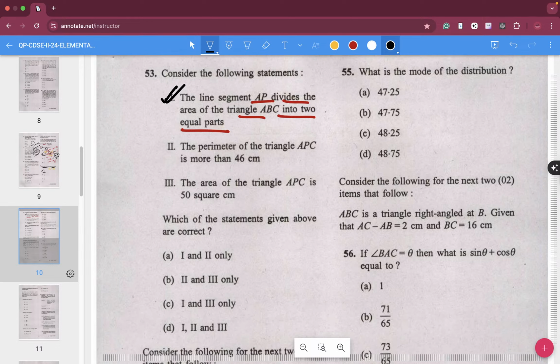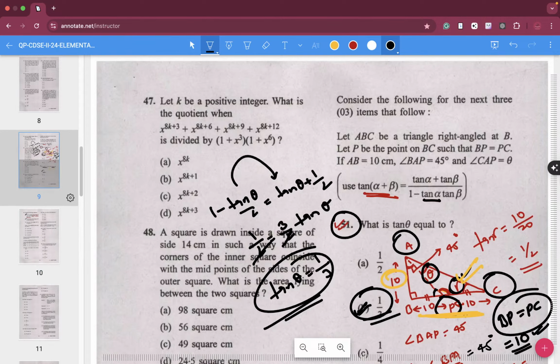Now over here the perimeter of the triangle APC is more than 46. This is the triangle APC, something like that, and you know this value is 10.